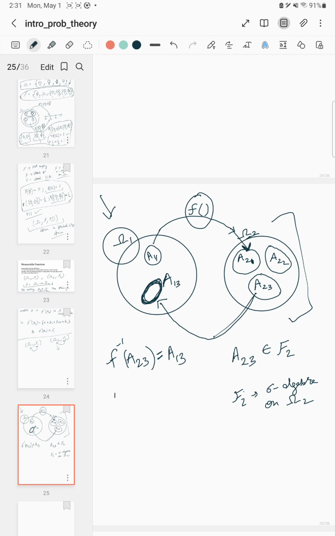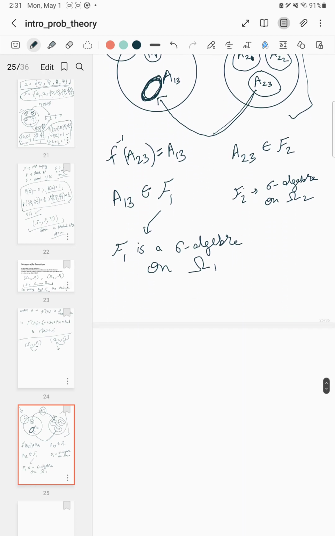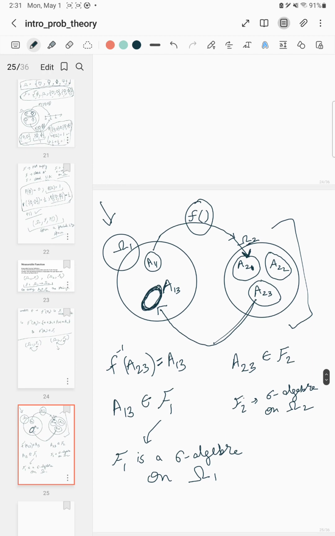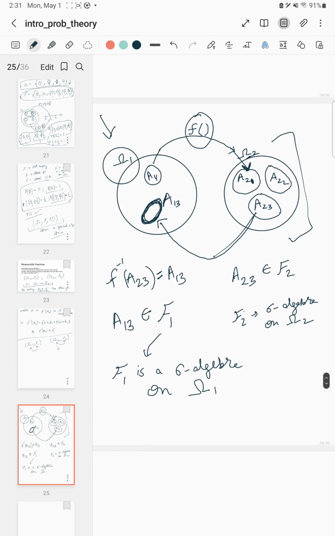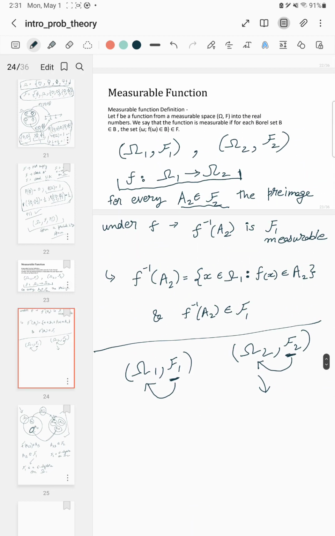Now this set A13 should belong to F1, where F1 is a sigma algebra on the sample space omega 1. I hope this makes it clear. So let's proceed with this measurable function definition.